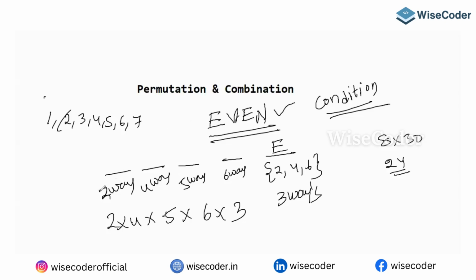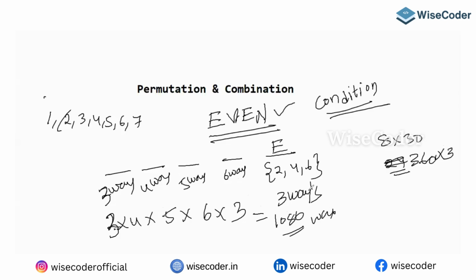So this is not 240, this is 360, because I was wondering how I was getting 240. 4 3s are 12, 12 5s are 60, 60 6s are 360. So 360 into 3, if you multiply this, you get 1080 ways.